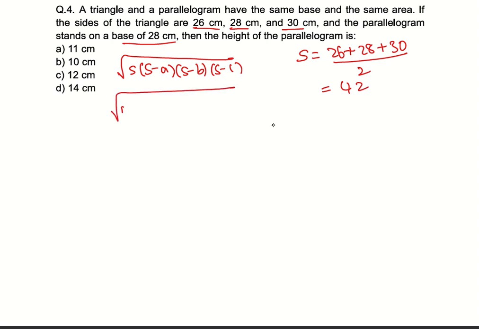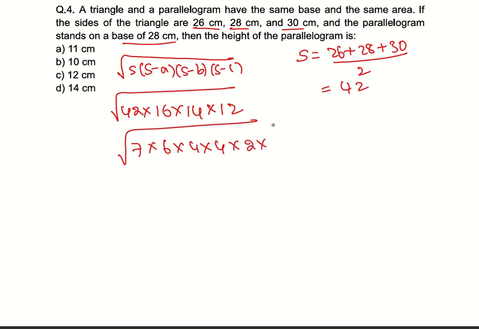So 42 into 42 minus 26, it is 16. 42 minus 28, it is 14. 42 minus 30, it is 12. So 42 we can write as 7 times 6, 16 as 4 times 4, 14 as 2 times 7 and 12 as 2 times 6. 6 repeated 2 times, 4 repeated 2 times, 2 repeated 2 times, 7 repeated 2 times.